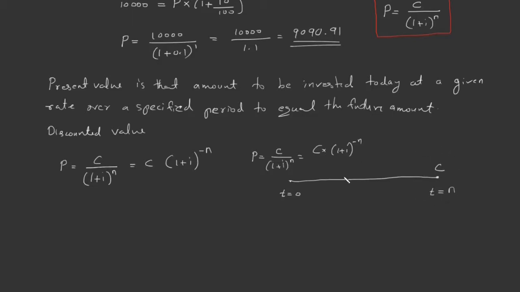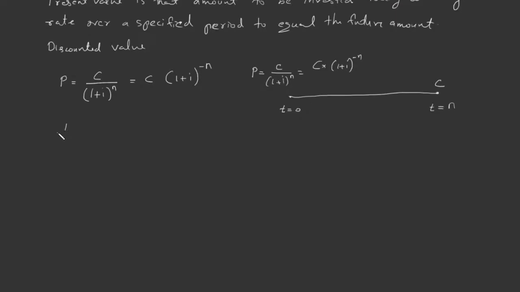Or in terms of future value, if I invest an amount C by (1 plus I) the whole raised to n at time t is equal to 0, then it will accumulate to the value C at time t is equal to n if I is the interest rate.